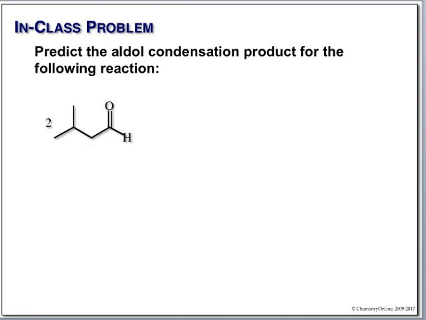Go ahead, take this stuff. This is 1, 2, 3, 4. This is 3-methylbutanal. Do an aldol condensation on 3-methylbutanal. Step 1, you want to write the structure of the enolate anion.